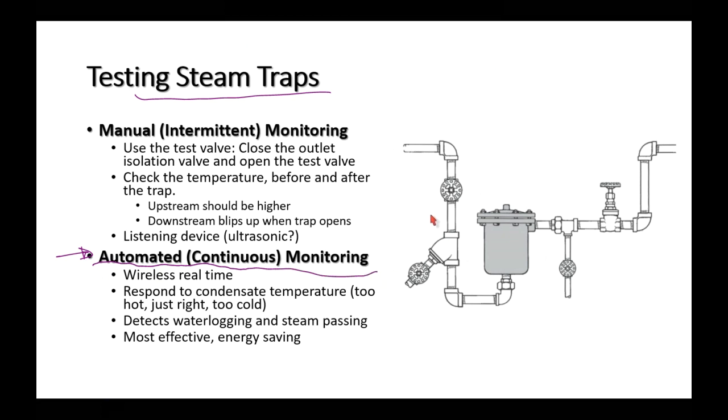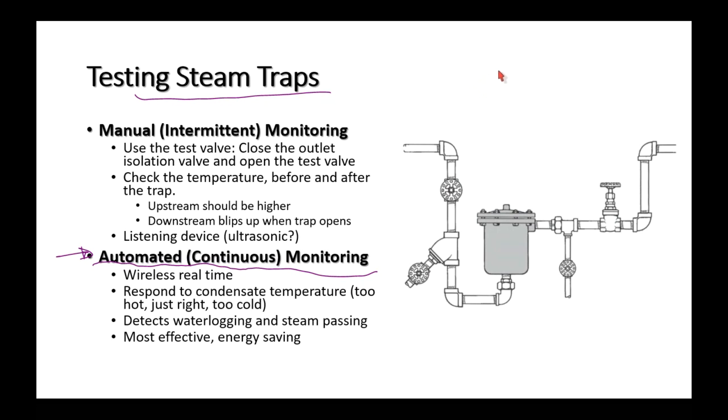Continuous steam trap monitoring. So one of the problems with steam traps is either A, they blow steam. If they pass steam, there's a huge energy waste because we're not capturing that latent heat, right? We spent all the money on fuel to make latent heat of evaporation.